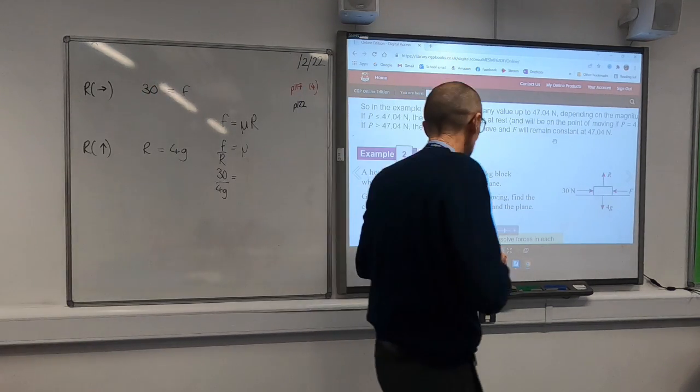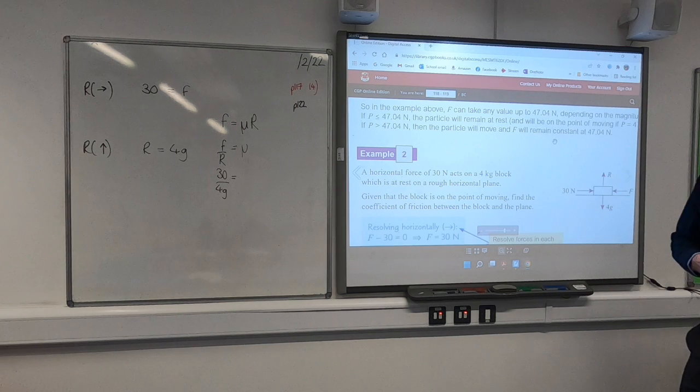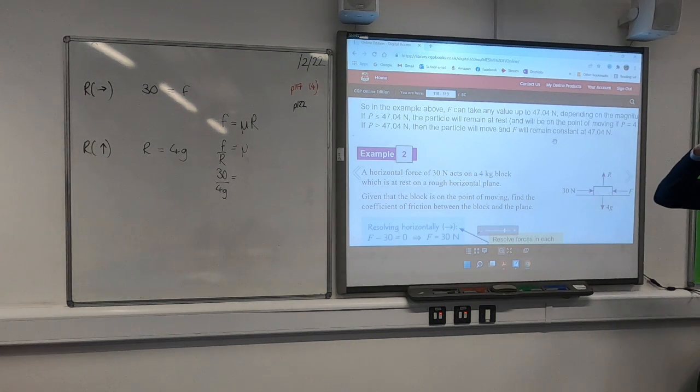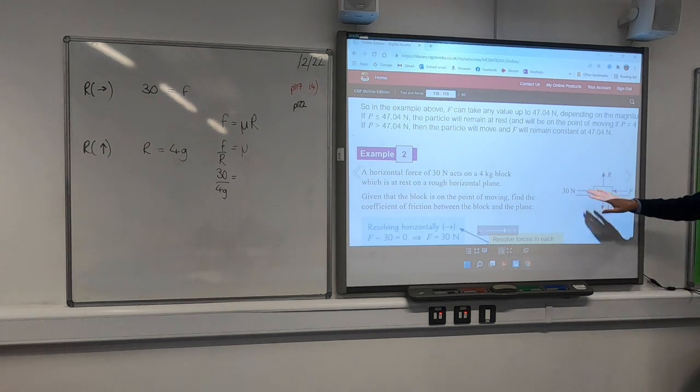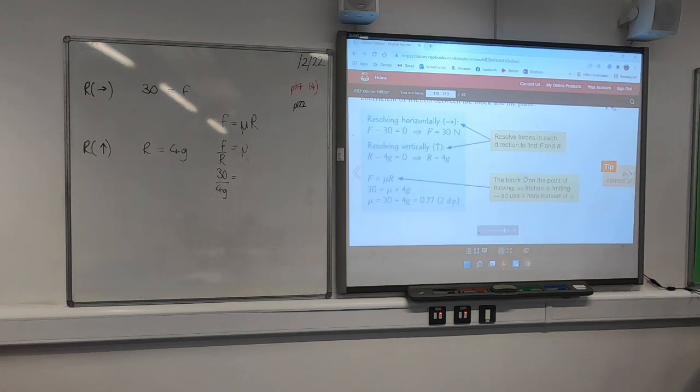So I've got that F equals mu R relationship, which often will link the two equations, the vertical and the horizontal, or if we're on a slope, the parallel and the perpendicular. We should get 0.77.